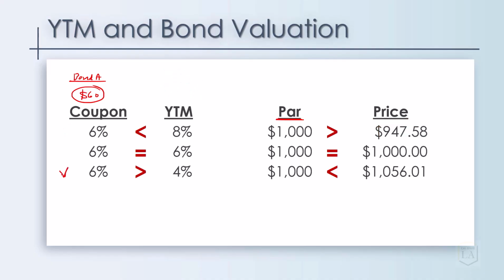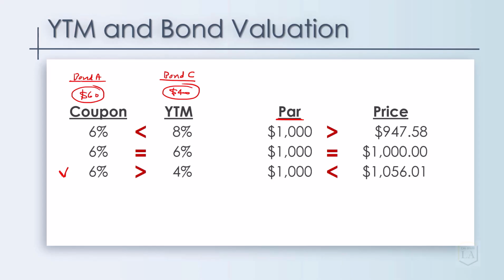Let's think of the opposite case, when the yield to maturity is smaller than the coupon rate. Suppose bond A is still providing you with a coupon payment of $60, and there is bond C with a yield to maturity of 4% right now. If it were just issued right now, its coupon payment would be $40.